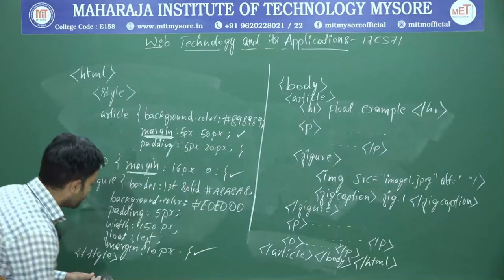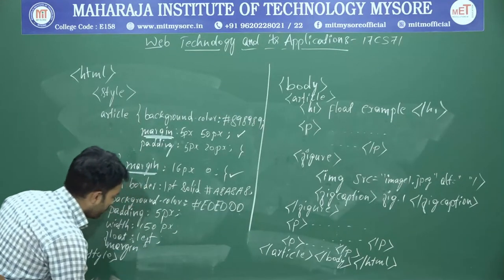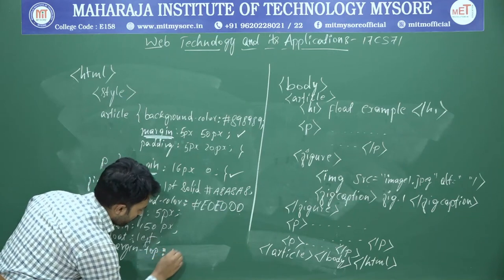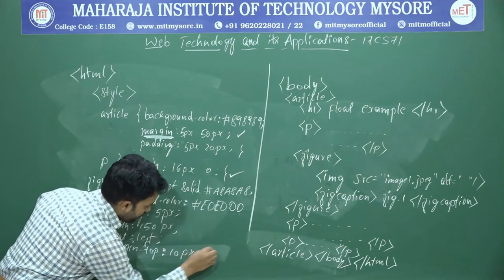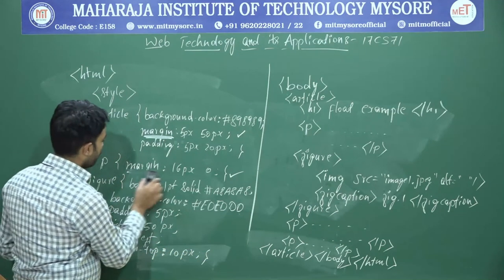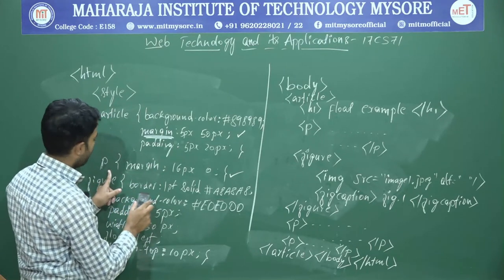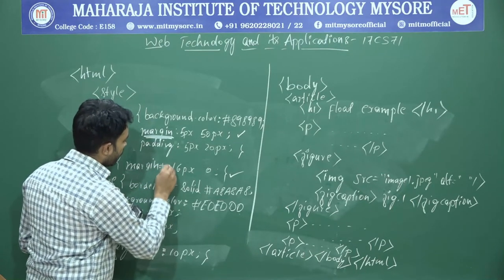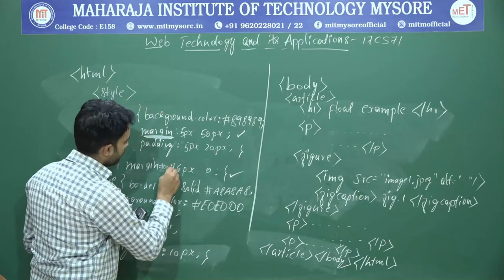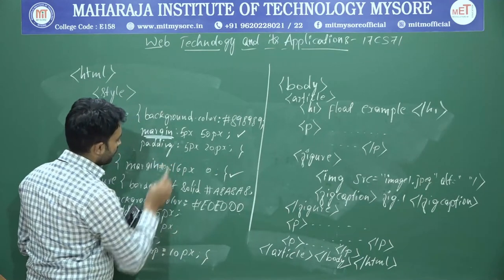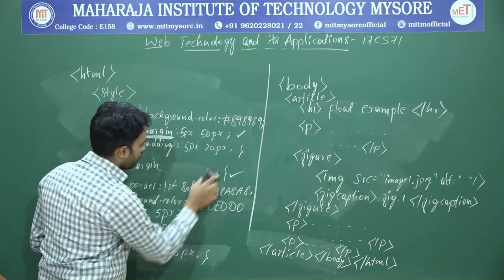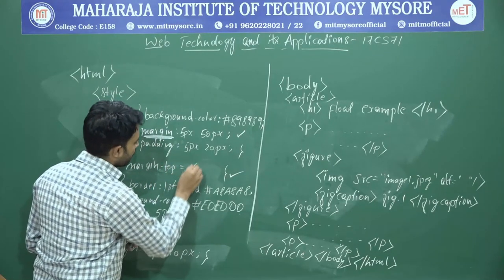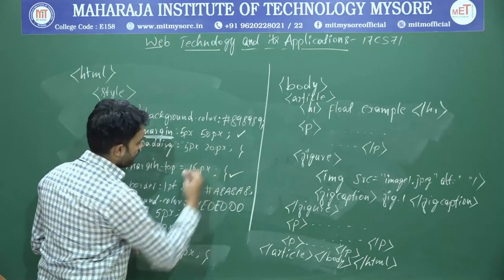Now I'll change this margin to margin top colon 10 pixel here also. For the p paragraph, again margin top colon 16 pixel. Else I will write it once again: margin top equals 16 px.